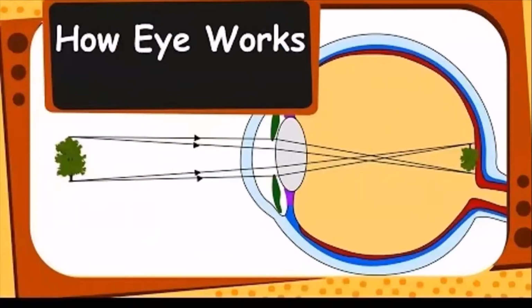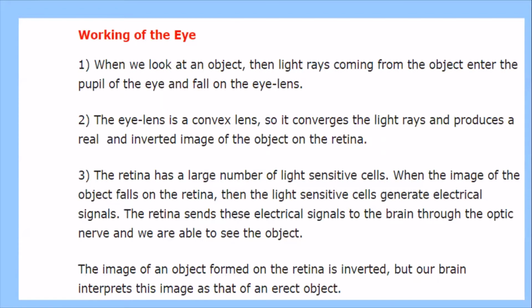Moving further, how does our human eye work? When we look at an object, the light rays coming from the object enter the pupil of the eye and fall on the eye lens. The eye lens is a convex lens, so it converges the light rays and produces a real and inverted image of the object. The retina has a large number of light-sensitive cells.